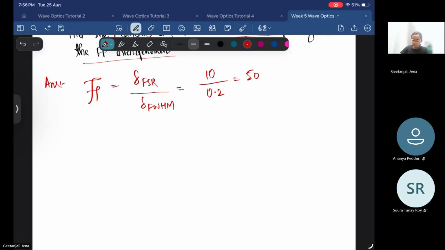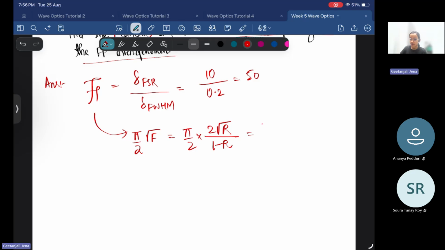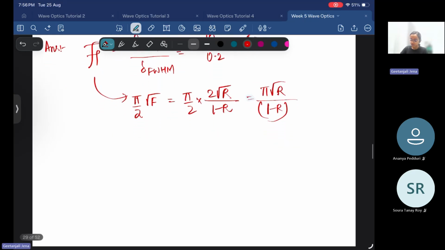From this, we can relate it to the coefficient of finesse, which is pi by 2 root F, or pi by 2 root r over 1 minus r. So we have pi root r over 1 minus r.